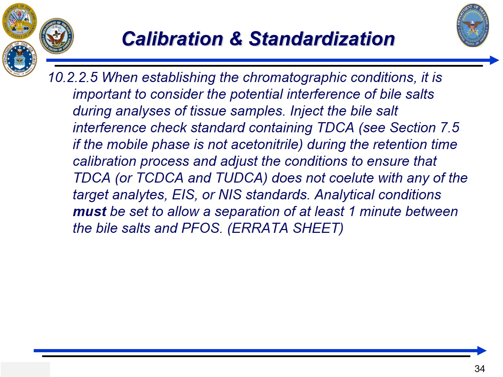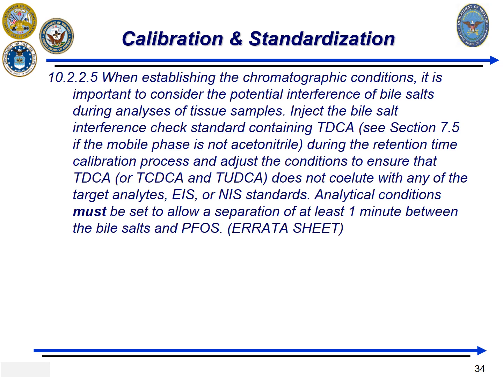The recent publication of the errata sheet updated the requirements contained in section 10.2.2.5. This section requires the analysis of a bile salt interference check standard. This standard is required to contain TDCA if your mobile phase is acetonitrile. If it is not acetonitrile, then it must contain TDCA as well as TCDCA and TUDCA.